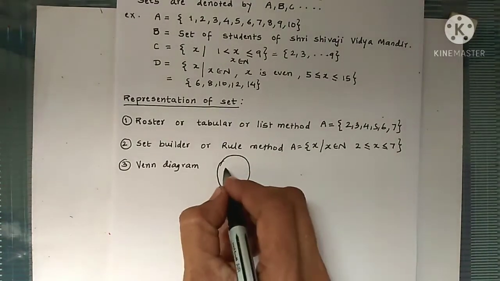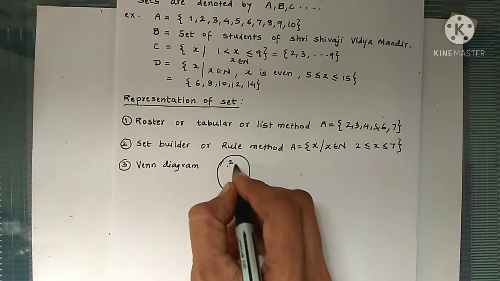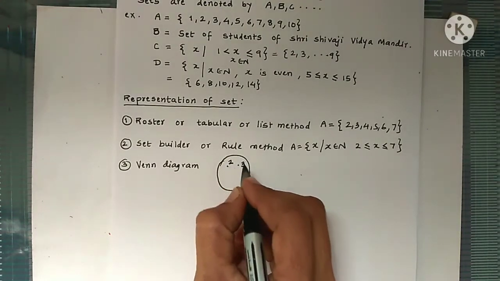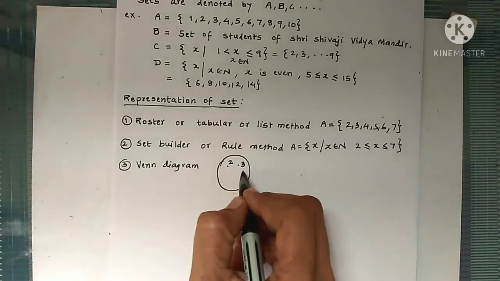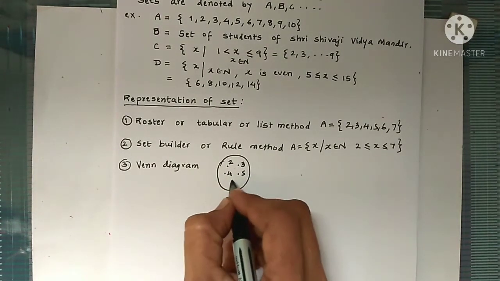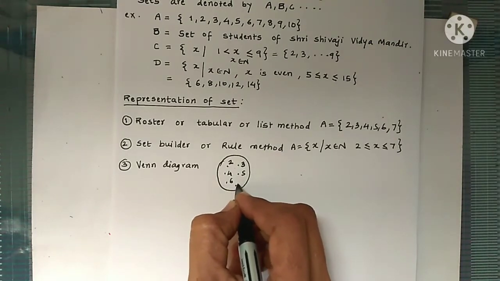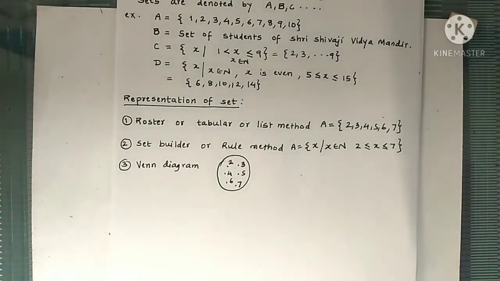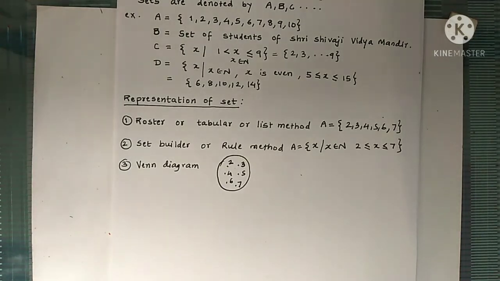Now by Venn diagram, you can draw a circle or oval shape diagram, or triangle, rectangle, any shape will do, and represent the elements one by one. I have represented 2, 3, 4, 5, 6 and 7 by dots, and I have drawn a circle around them.